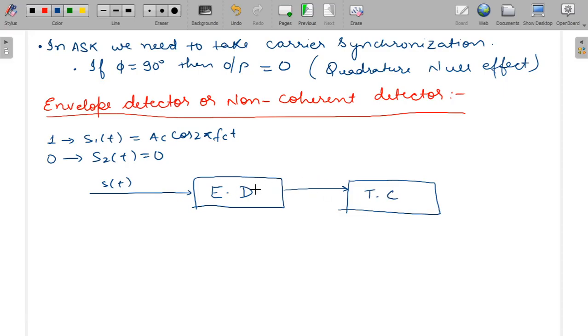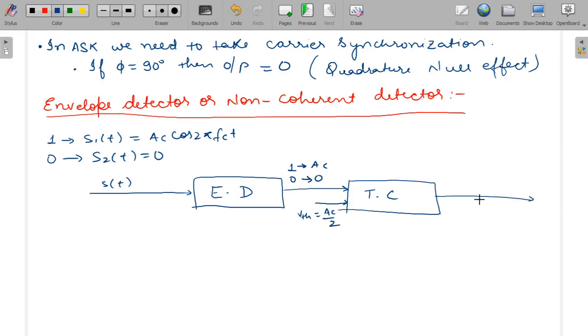The envelope detector just detects the maximum output. When 1, the maximum output is Ac. When 0, the maximum output is 0. So what will be the V threshold? V threshold will be (Ac plus 0) by 2, that is equal to Ac by 2.